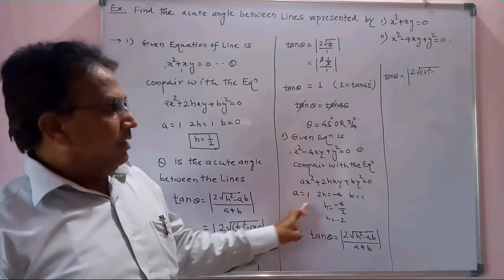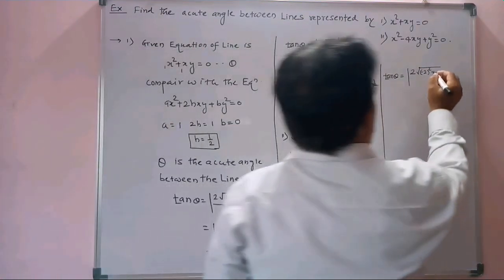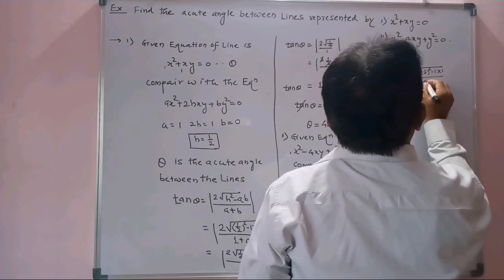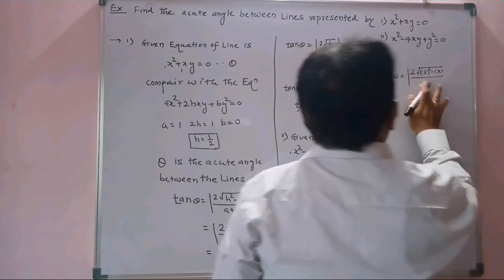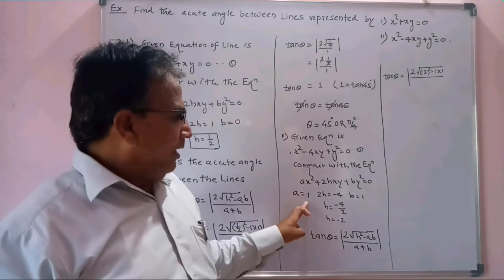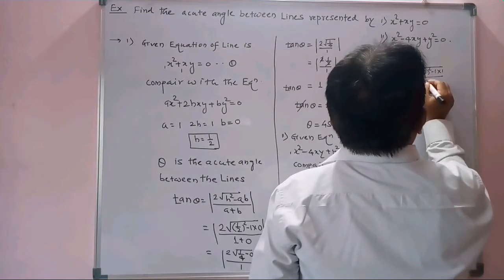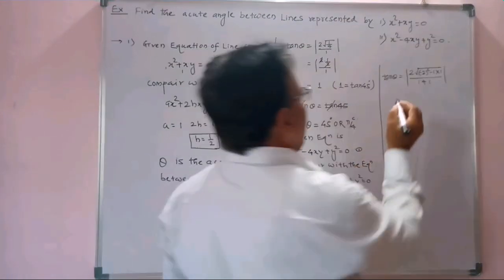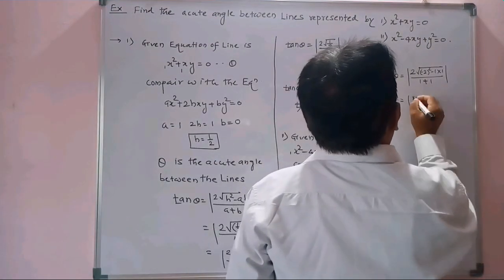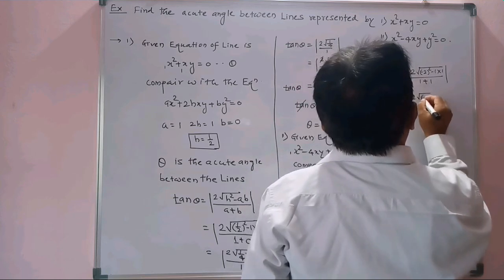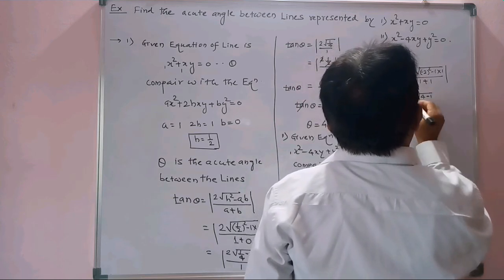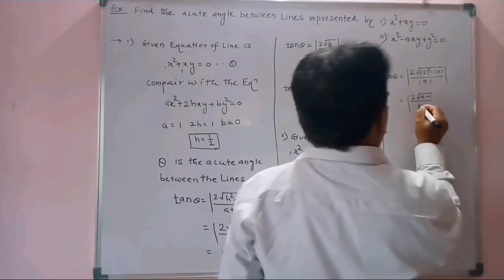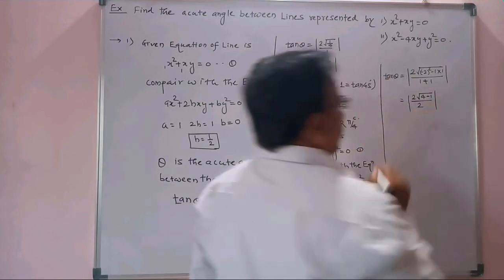The value of a is 1 and the value of b is 1, so 1 into 1, divided by a plus b, which is 1 plus 1. Minus 2 square is 4, minus 1 into 1 is 1, so 2 into root 4 minus 1, divided by 1 plus 1, which is 2.